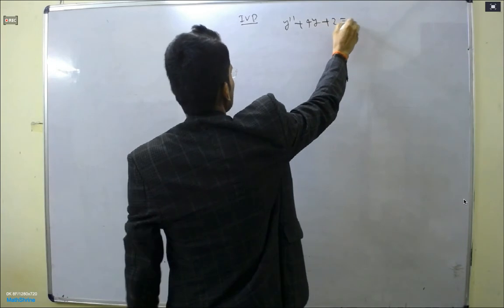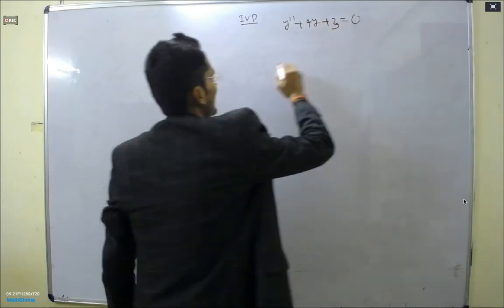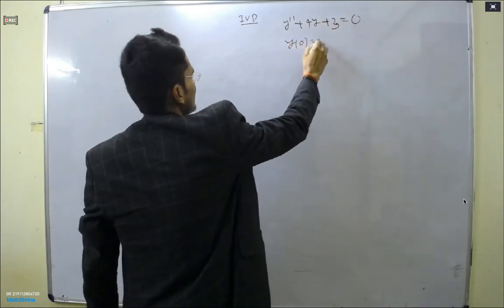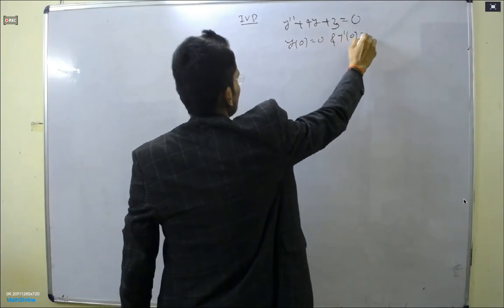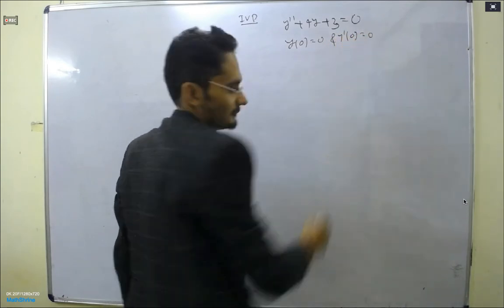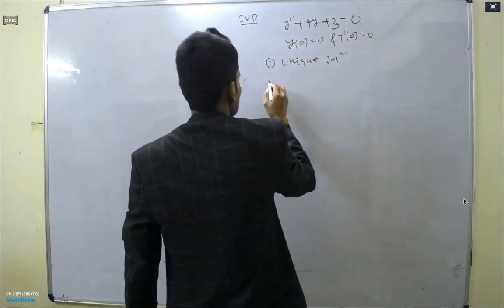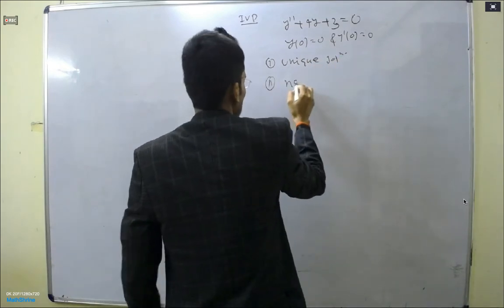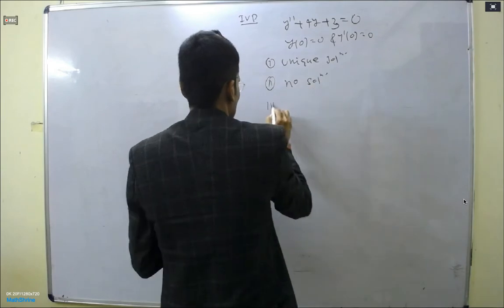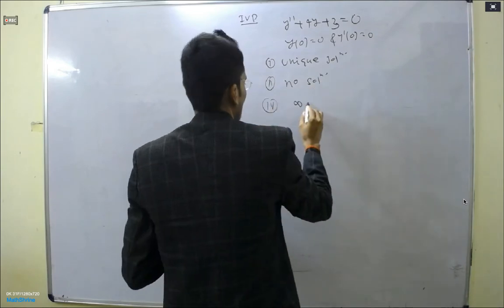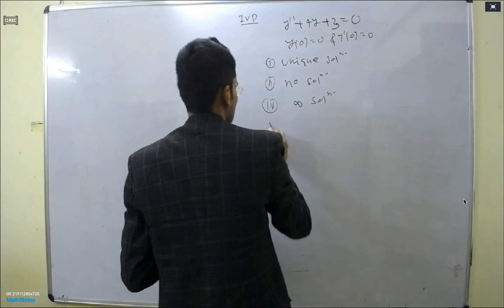See, whenever you have a question like this, in your exam, if this is an initial value problem and the operator is linear, just close your eyes, the answer is unique solution. That's all done. Nothing more to do. You don't need to solve the problem.